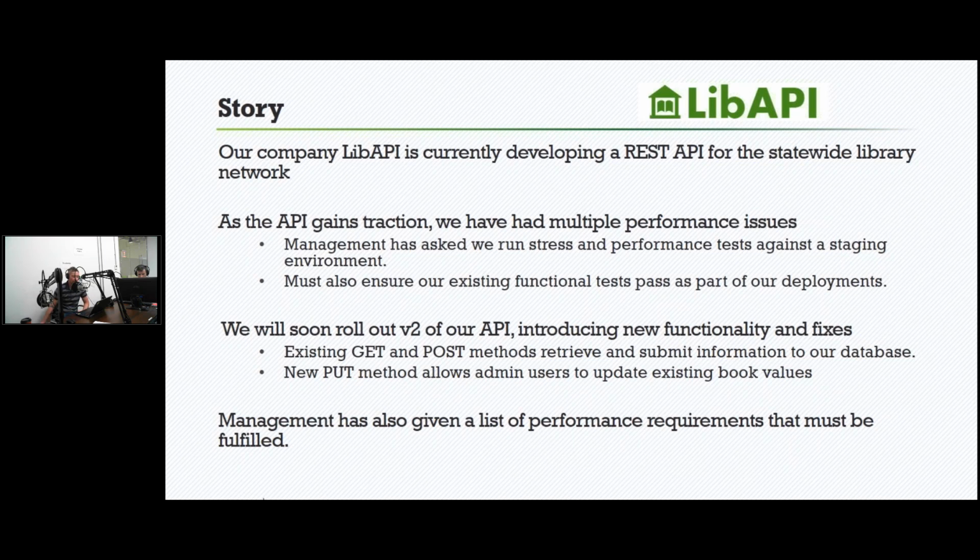These endpoints are being called simultaneously, and we need to create a realistic load test to demonstrate and be confident that our API is going to be able to handle these kinds of requests when we roll it out.